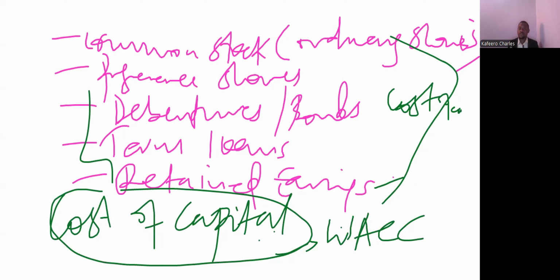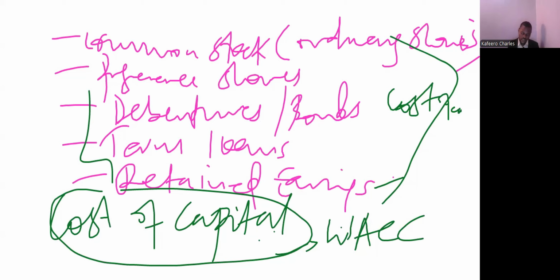When we talk about the elements of cost of capital, we are actually looking at the specific cost of each of those financial instruments that we have used in financing the operations of the business. So, for you to be able to compute your WACC, we need to first know the specific cost of each element.